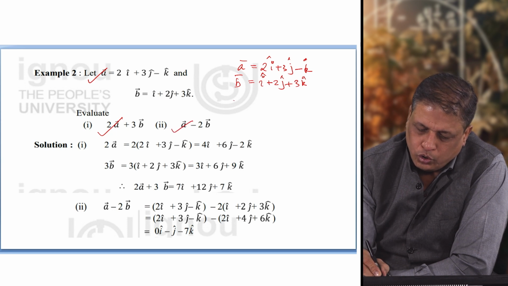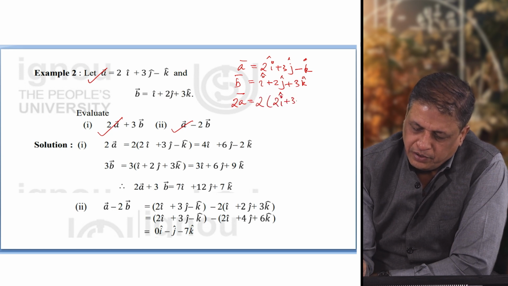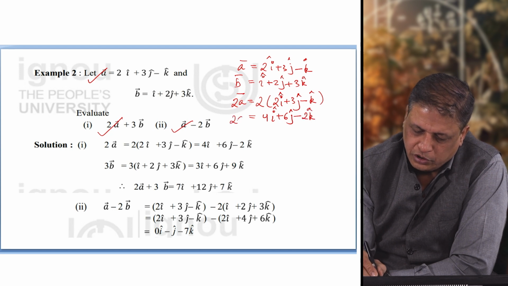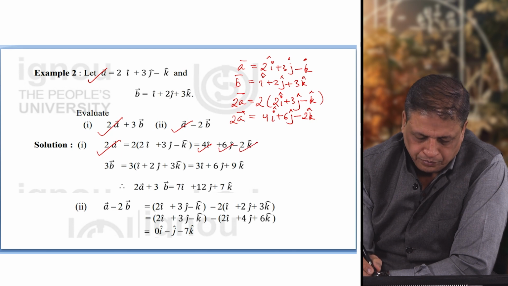So, 2A will be equal to 2 times 2i plus 3j minus k, that is equal to 4i plus 6j minus 2k. So this is the 2A vector.